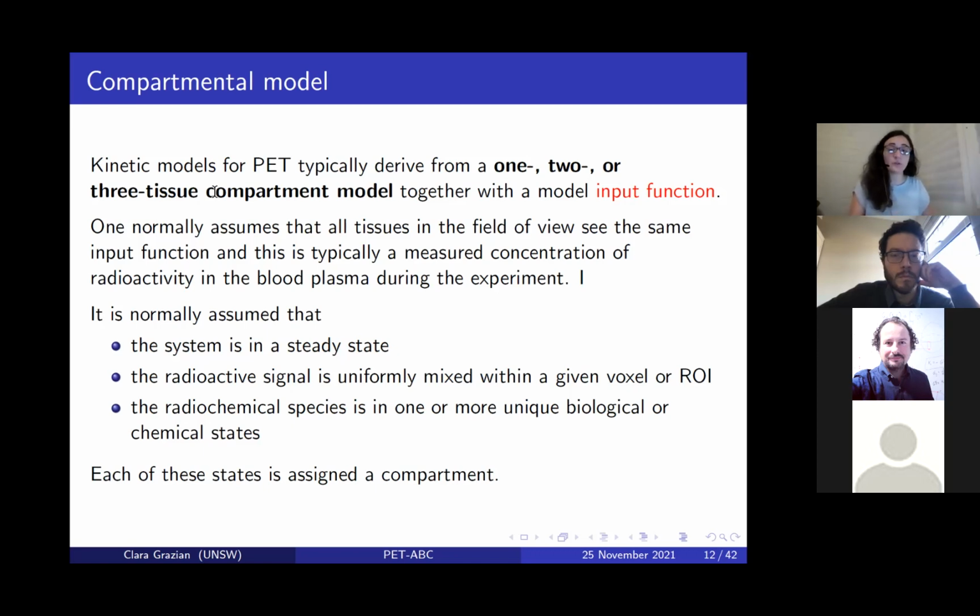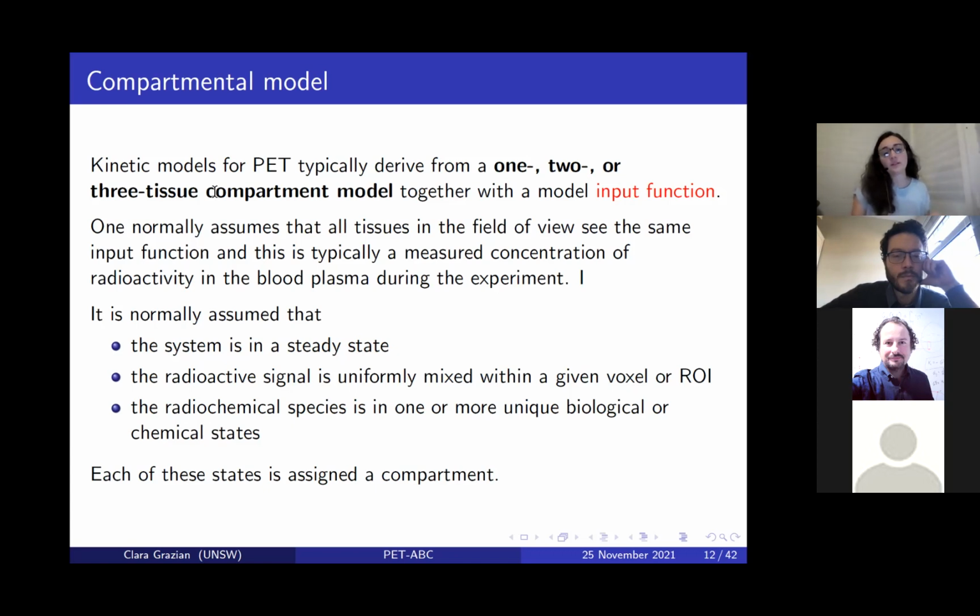So for example, a classical assumption is that all the tissues see the same input function. And I'm going to present more graphically what an input function is. This input function represents the measured concentration of the radioactivity in the blood.